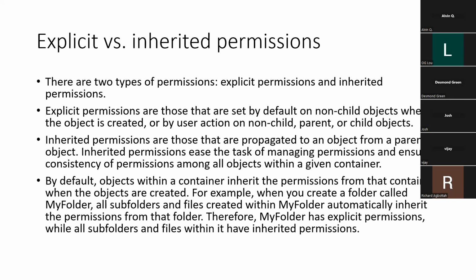This means that whoever has access to the parent folder will automatically be allowed to also access the child folder. So by default, objects within a container inherit the permissions from that container when the object is created. So when you create a folder, just as I cited, and you create a subfolder in it, automatically the subfolder will inherit the permissions of the parent folder.